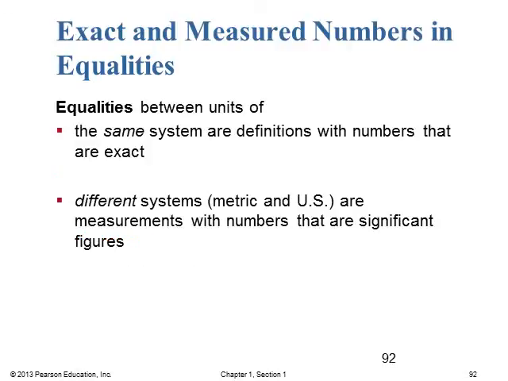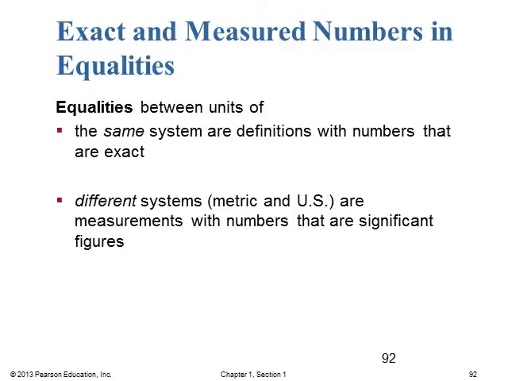One thing you want to make note of is when we are using these equalities, if we're going from 2 measurements within the same system, those are going to be exact numbers. But if we are going from using equalities from 2 different systems, going from metric to US or US to metric systems, those are actual measured values.